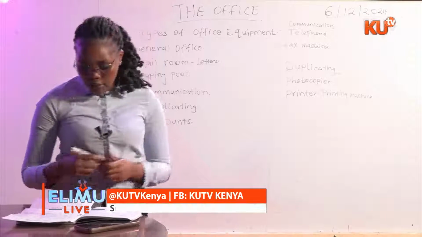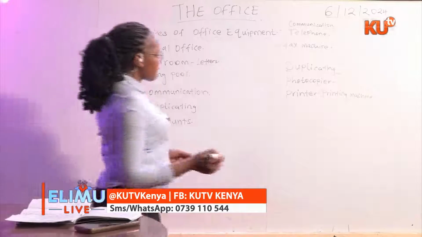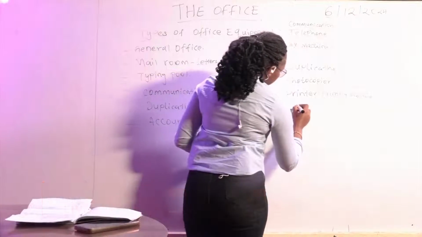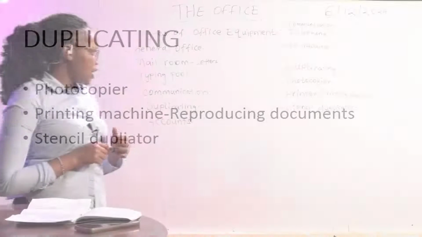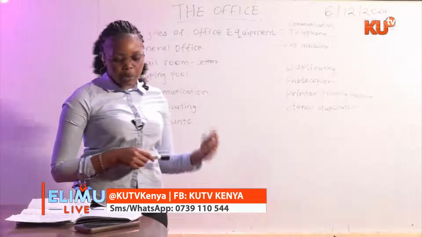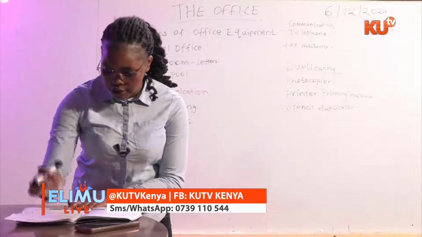So the next one we have is a stencil duplicator. So this is a machine, or rather an equipment that is used to make copies from a master copy by use of a stencil.